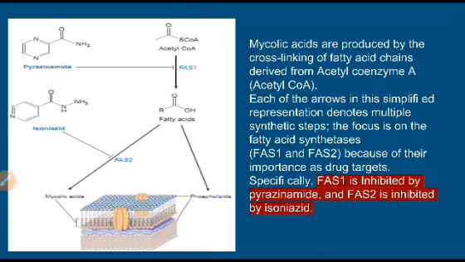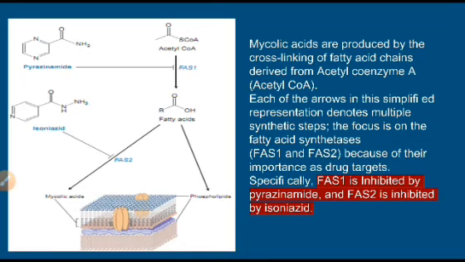So fatty acid converts into mycolic acid and phospholipids, and they all are involved in the structure and composition of the cell wall. Here, in the first step, fatty acid synthase 1 is used, which has been blocked by pyrazinamide. And in the second phase, you can see fatty acid synthase 2, FAS2, is blocked by isoniazid. So both are acting in the same pathway.